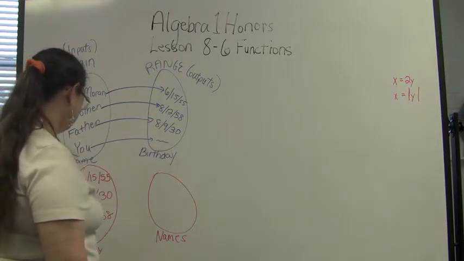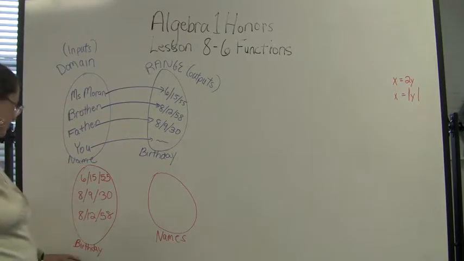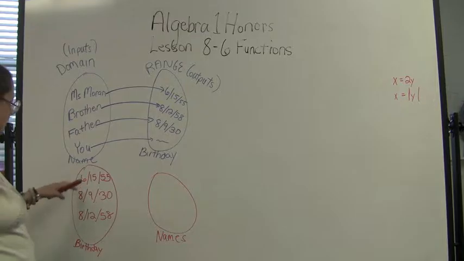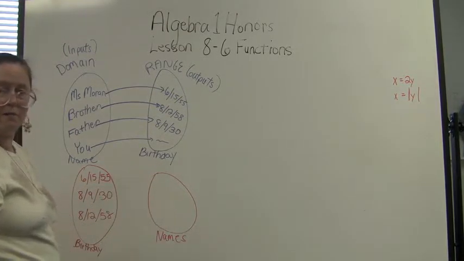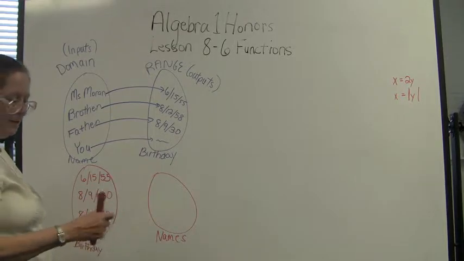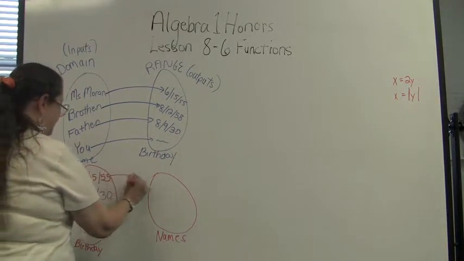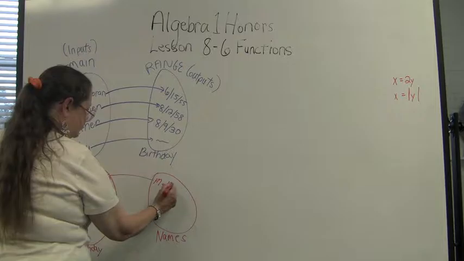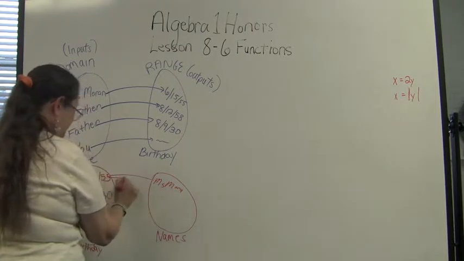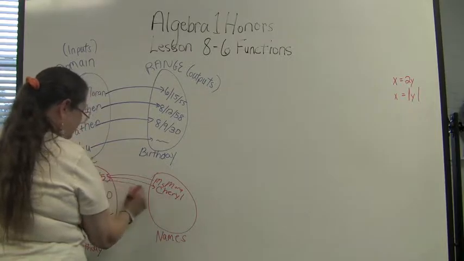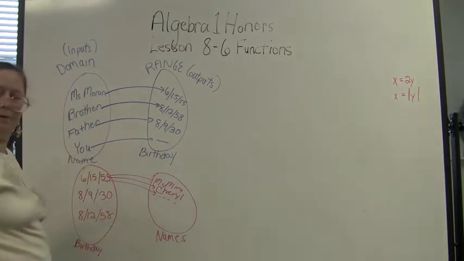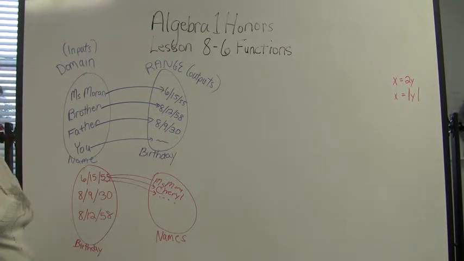Now, if we turn this around and we say we have birthdays over here, like the 15th of June, 1955, and over here we list all the people who were born on that day, well, there's going to be me, there's going to be my best friend Cheryl, and then there's going to be all the other people in the world that were born on June 15th, 1955.